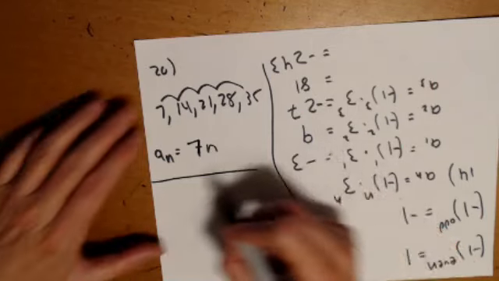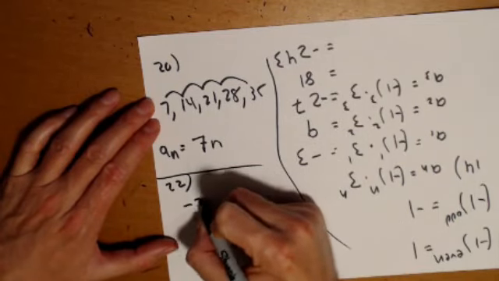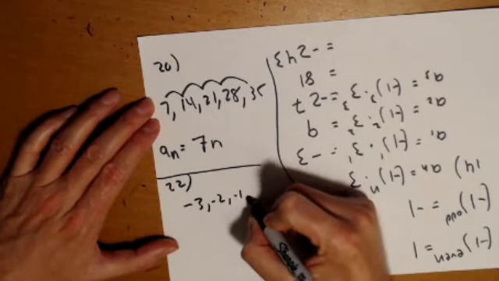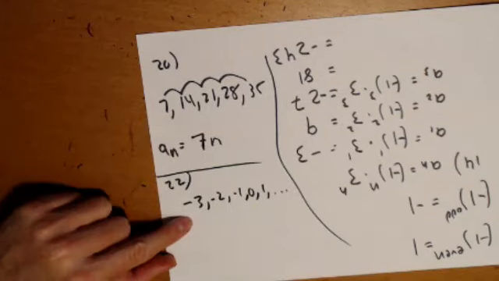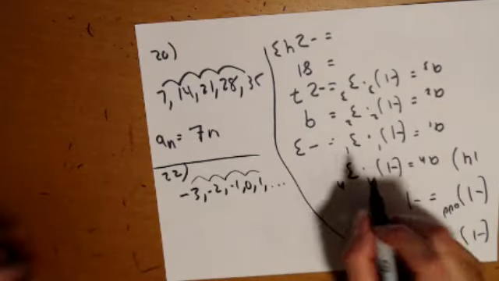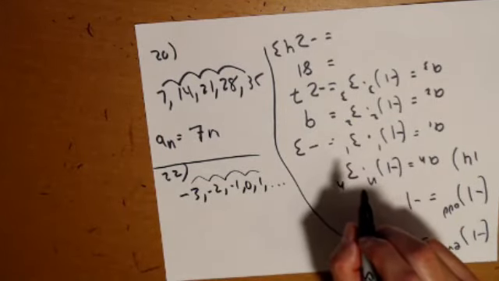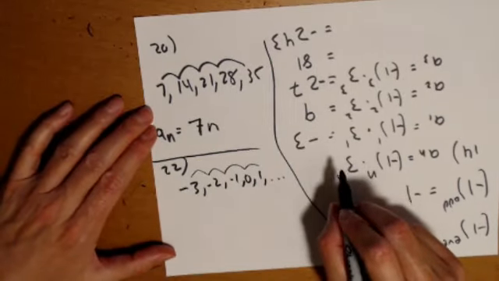Okay, let's try something a little trickier. Again, I didn't prepare for this lecture, so let's see what happens. Negative 3, negative 2, negative 1, 0, 1, dot dot dot. So it starts at negative 3, but it's increasing by 1. We're adding n.